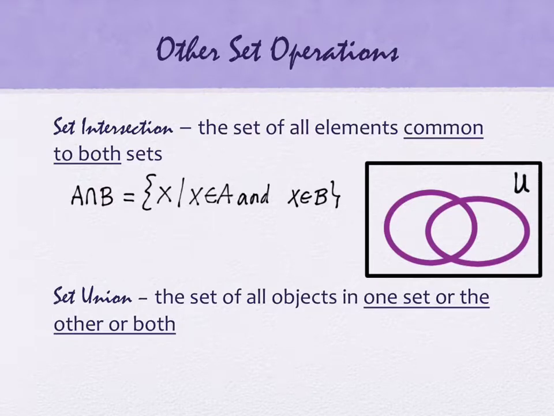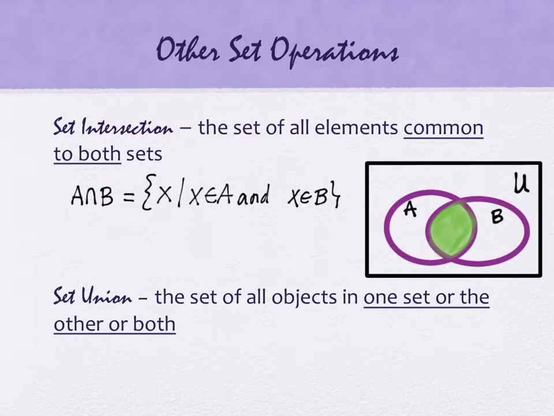The rectangle is the universal set. We'll make one circle A and one circle B. Visually speaking, where do you suppose my intersection is? Where they cross. It's this piece right here. That's the intersection.